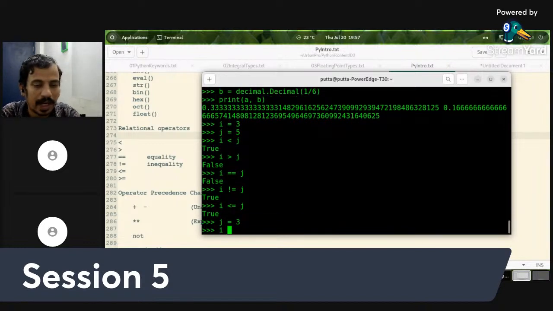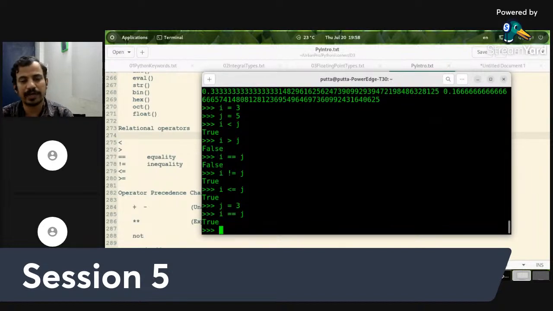i double equal to j. What is the result now? True, because j's value changed from 5 to 3, and i already had a value 3.